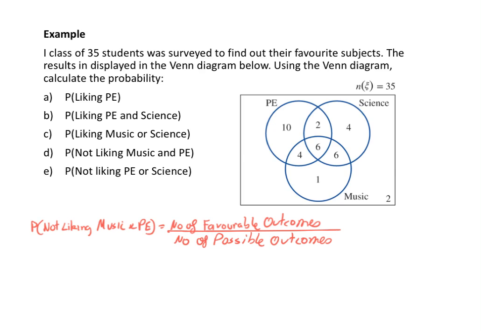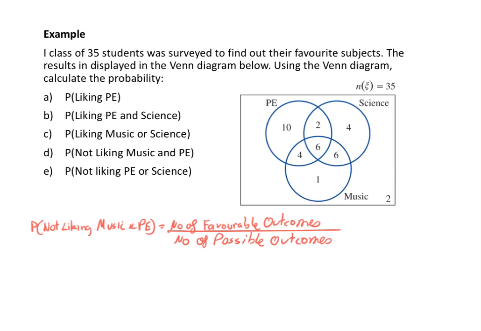So next we'll calculate the probability of a student not liking music and PE. And to do this probability calculation, again, I'm going to use the same formula, number of favourable outcomes over the number of possible outcomes. So I'm looking for my favourable outcomes to be students not liking music and PE. So using my Venn diagram, I'm going to first use it to work out the students that do like music and PE.